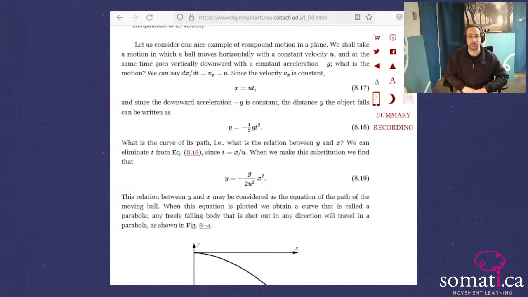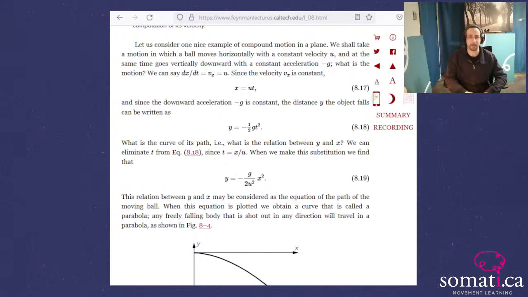Since it's constant, the x position is its x velocity times time. And since downward acceleration is constant, the distance goes by that integral.